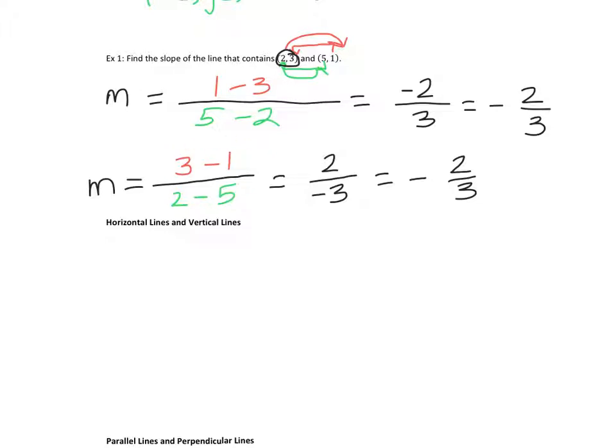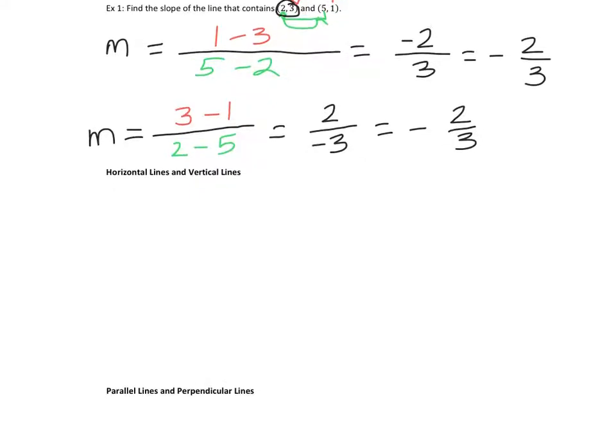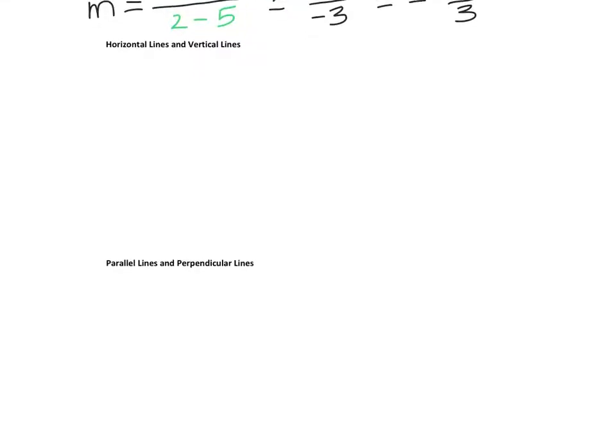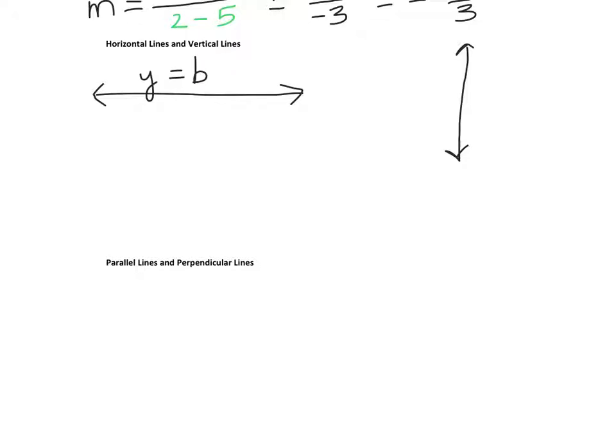Okay, let's consider horizontal and vertical lines, and let's consider their slopes. So we'll consider a horizontal line and we'll consider a vertical line. Remember, a horizontal line is y is equal to some constant, like 5.